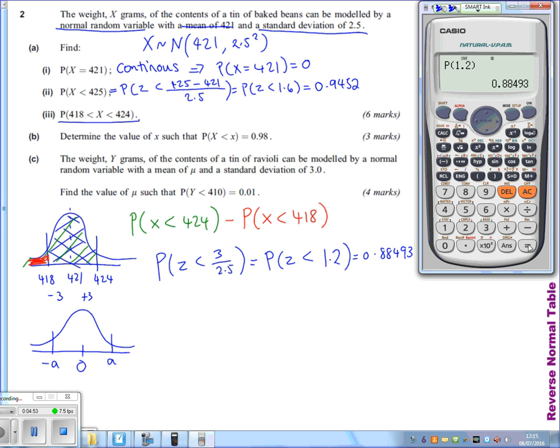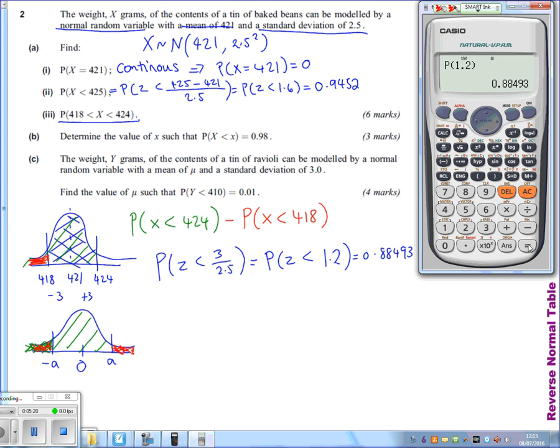So that's my probability being less than a. I want to take off the probability of being less than minus a, this bit here. So this bit here, the probability of being less than minus a is the same as the probability of being greater than a, because the normal distribution is symmetrical. So these two shaded areas here are the same probability.